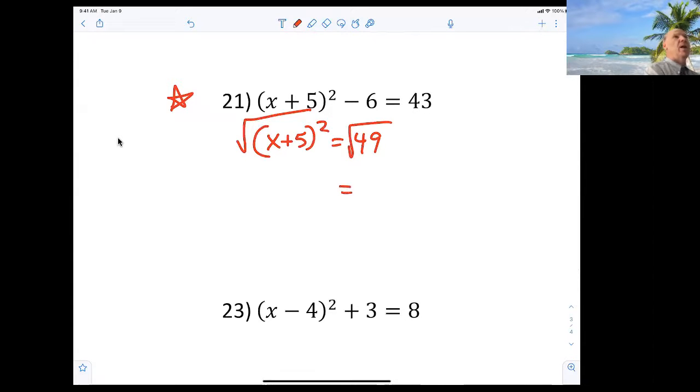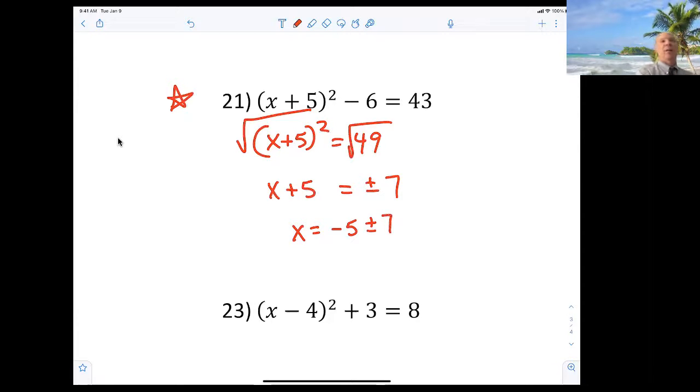Plus or minus 7. Everybody has to put that down. So now I have x plus 5 equals plus or minus 7. Now I subtract 5. X equals negative 5 plus or minus 7.